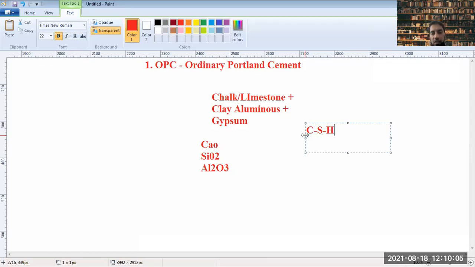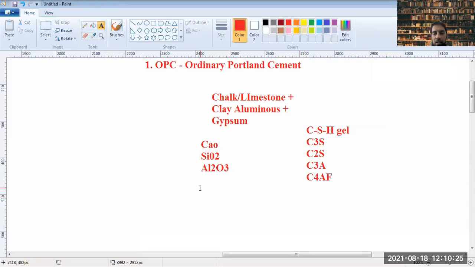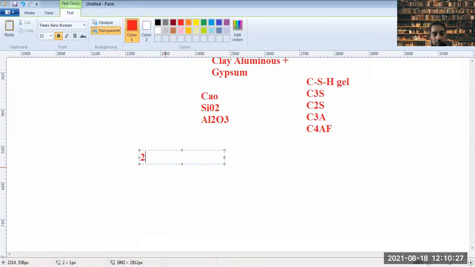The CSH gel is produced, then C3S, C2S, C3A, and C4AF, and you would have some insoluble residues apart from these within the ordinary Portland cement. The composition and the percentages have already been discussed.